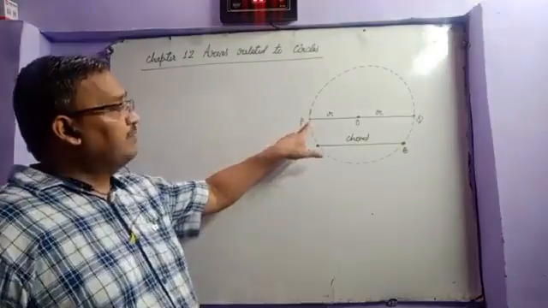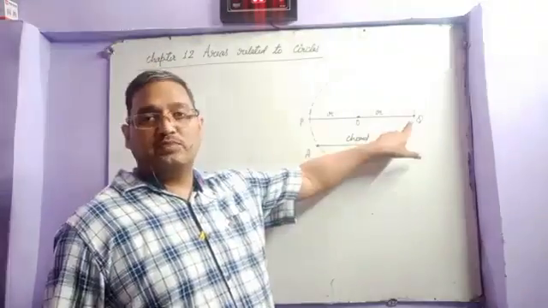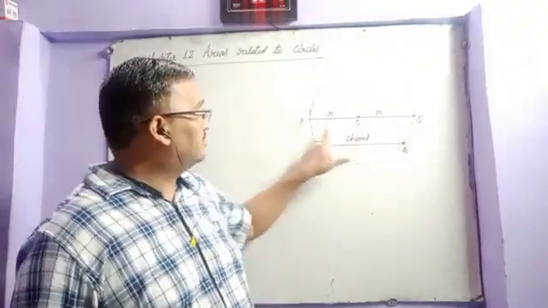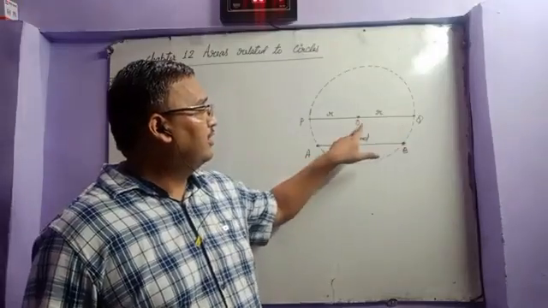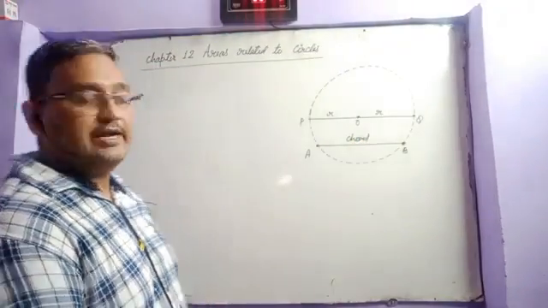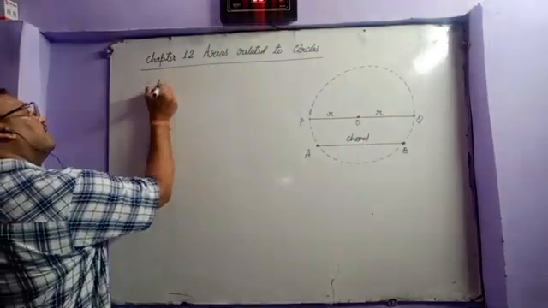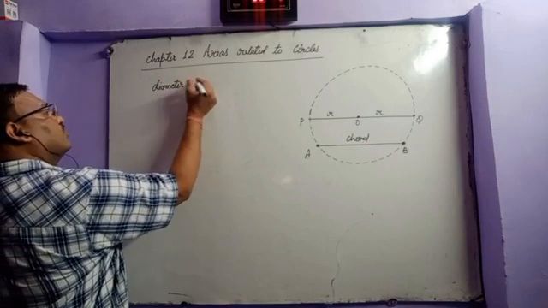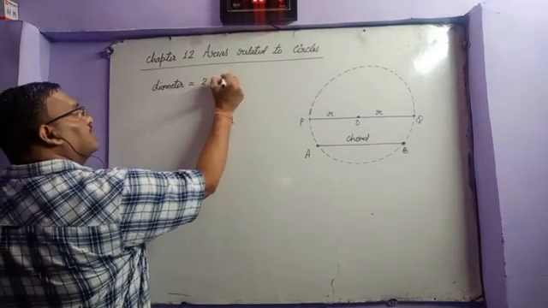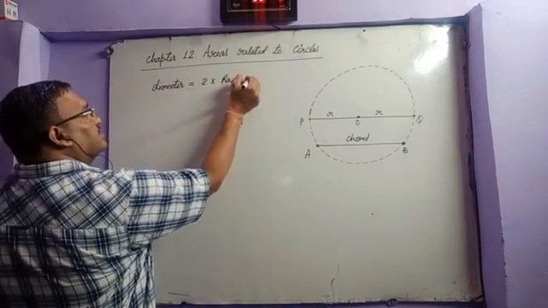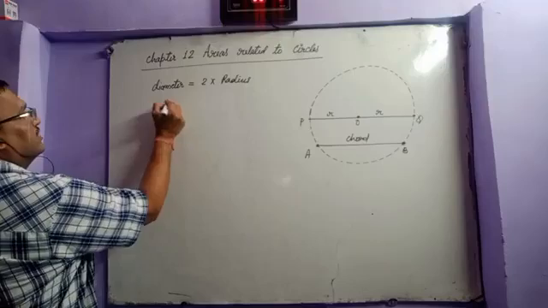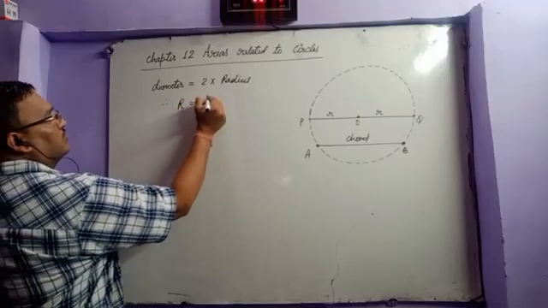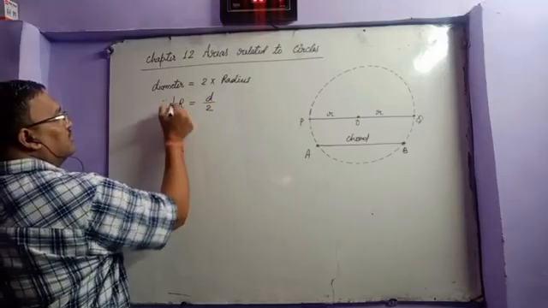Now see this diameter PQ, which is made up of two radius PO and QO. So we can write diameter is equal to 2 multiply radius, and we can also write radius is equal to diameter upon 2.